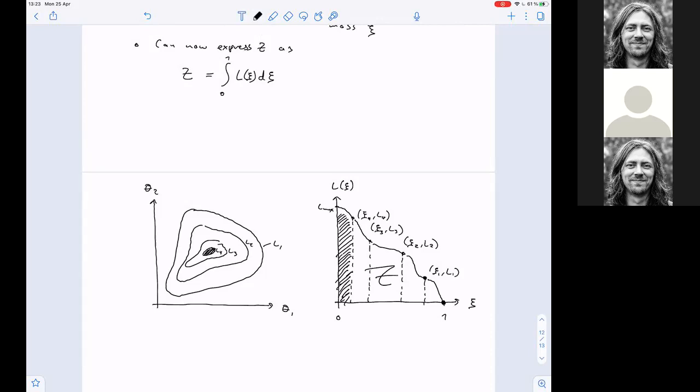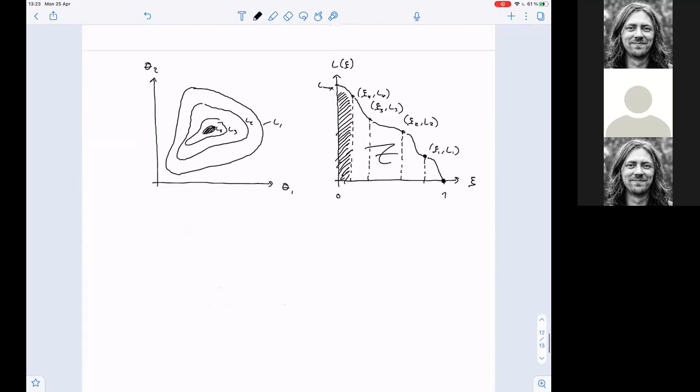The point is that if we can obtain this series of samples, the pairs psi 1, L1, psi 2, L2, psi 3, L3, with a sufficiently dense sampling of that one-dimensional function, then we can compute that integral with trivial 1D integration methods like the trapezoidal rule or whatever.